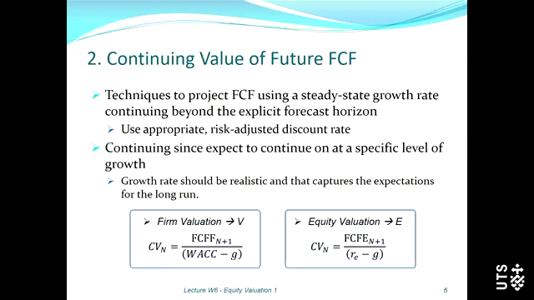So what we are looking at here is the continuing value, or terminal value, in period capital M for firm valuation. So for firm valuation, we should be using the cash flow to the firm.